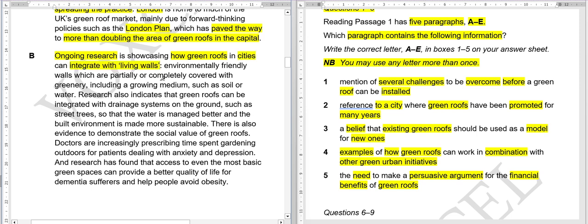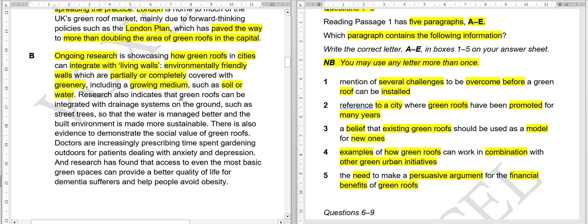What the writer means by this is that these are the environmentally friendly walls that are partially or completely covered with greenery. So you might have seen some walls on which there are plants grown. So these include growing medium also, like soil or water.